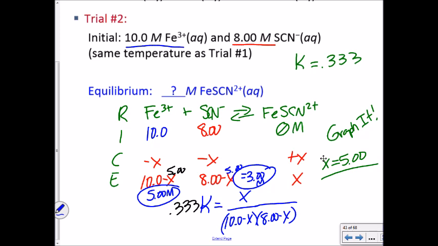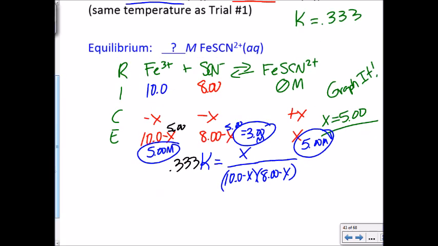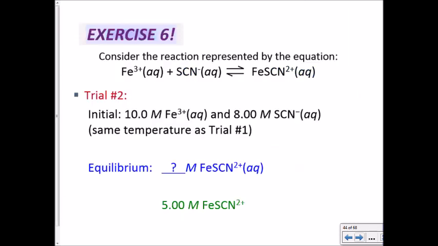And here also, since we go from 0 to x, this one's going to be 5 molar. Now we have our equilibrium concentrations. In this particular case, all it wanted was the product's equilibrium concentration, which ended up being 5 molar.